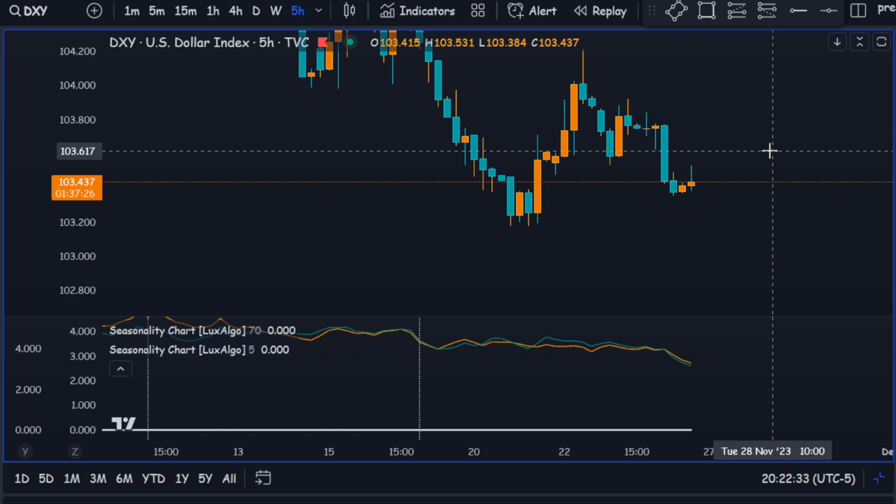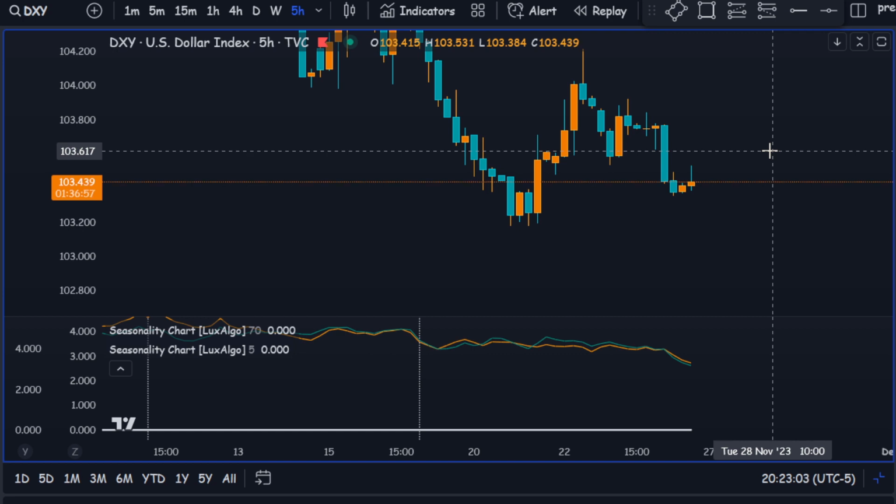And the reason that I don't want to do this in Dixie in particular is because this one has been doing its own thing for the whole time. It's just been charging down, and then it charges up, and then it charges down. It's not really following anything that we would expect from it fundamentally. No, I apologize.